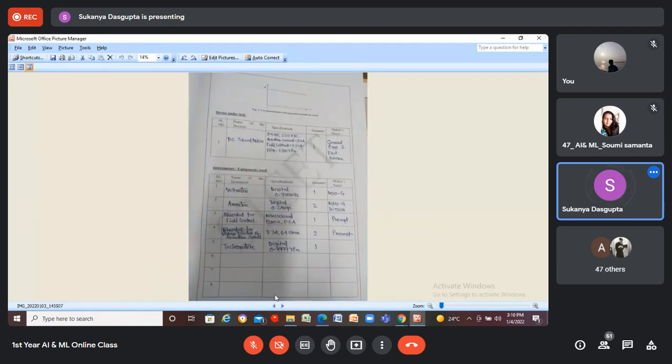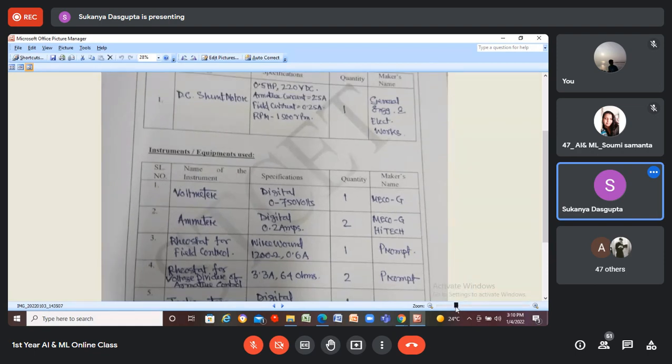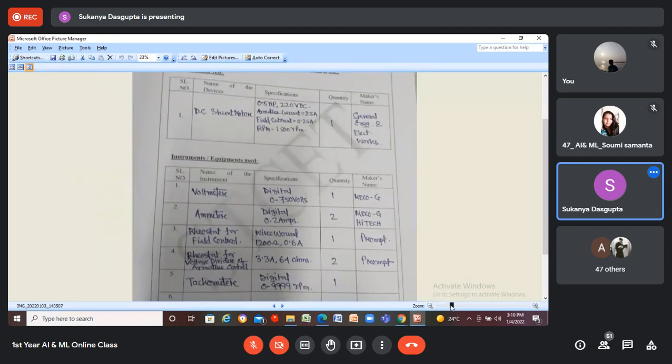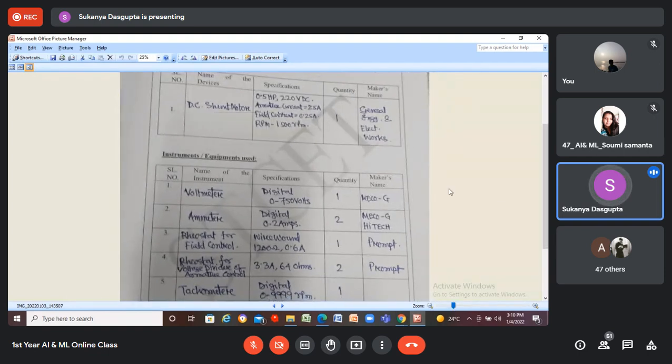These are the apparatus table. You please note down or take a screenshot of this table. DC shunt motor, it's a 0.5 horsepower, 220 volt DC, armature current 2.5 ampere, field current 0.25 ampere, and RPM is 1500.